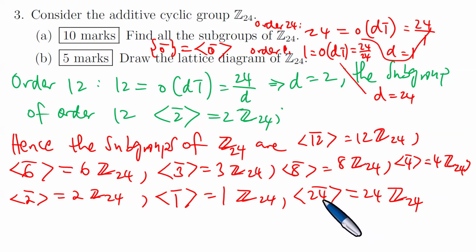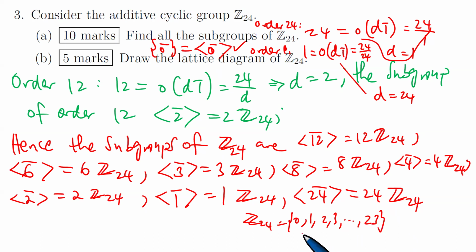Why? Because this one is actually producing zeros, modulo 24. Because what is Z24? Z24 means we'd have the 0, the 1, the 2, the 3, up to 23.